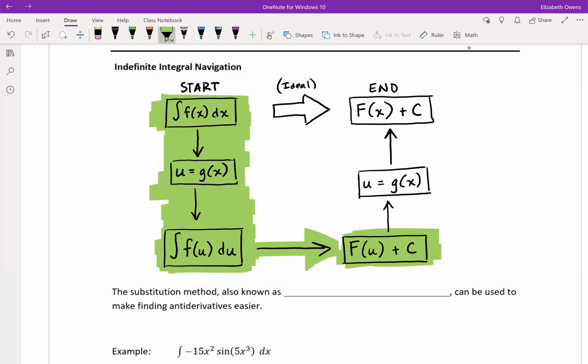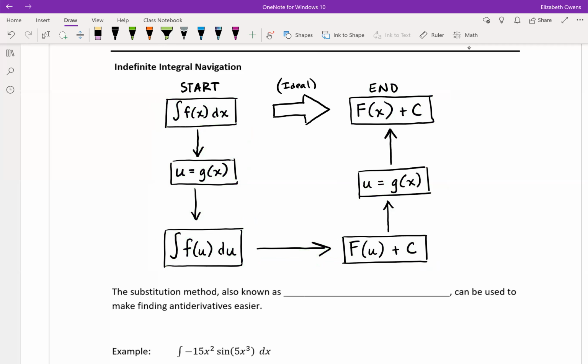And then we want to get things back in terms of our original variable. So you use your substitution again, going the other way, putting things back in terms of x, so that you ultimately end up in the same place with capital F of x plus c. So sometimes we need to take the longer route.